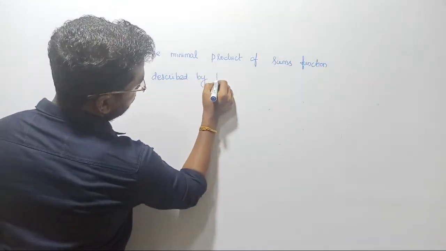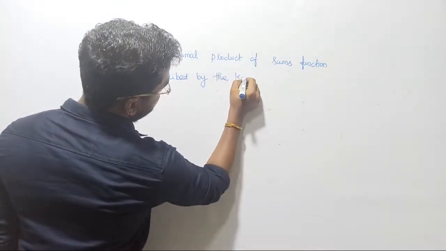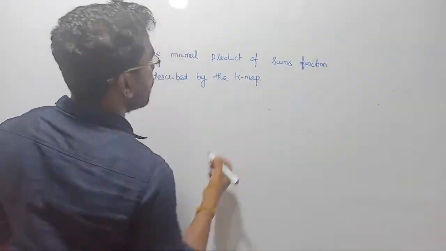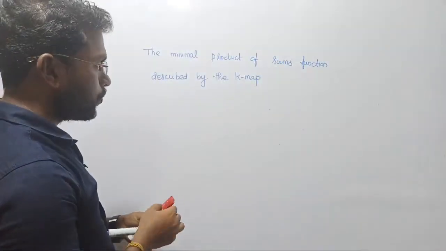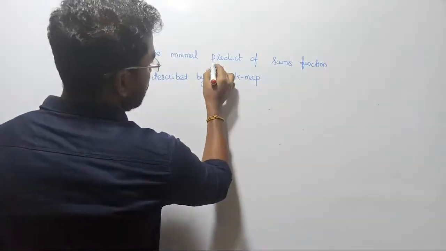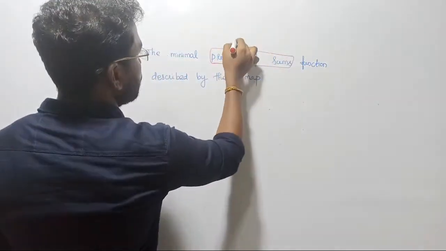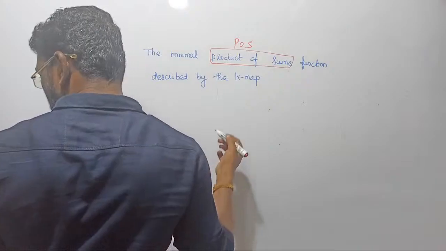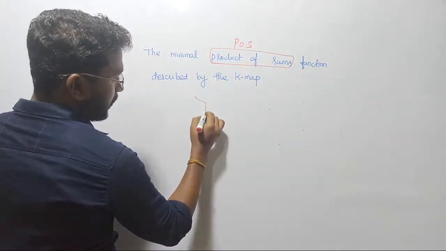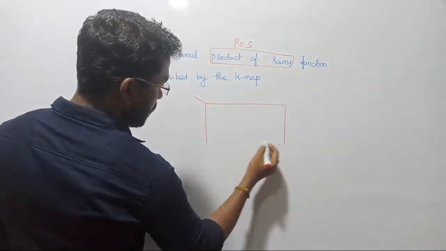Described by the K-map, the minimal product of sum. What is this? First of all, we are talking about product of sum, POS. Okay, fine. Let's realize the given K-map first.